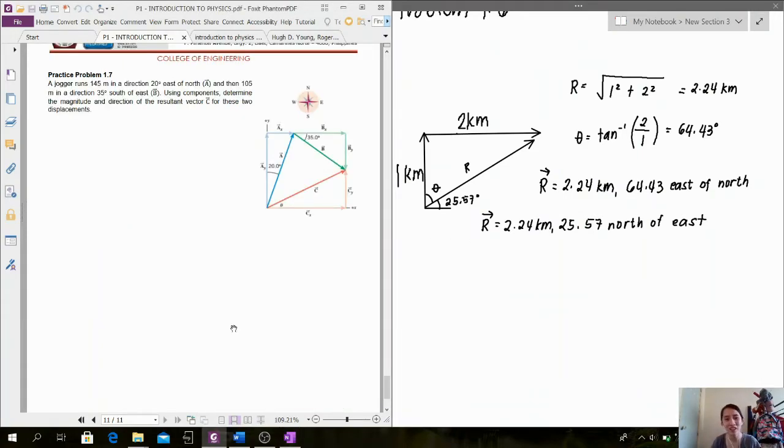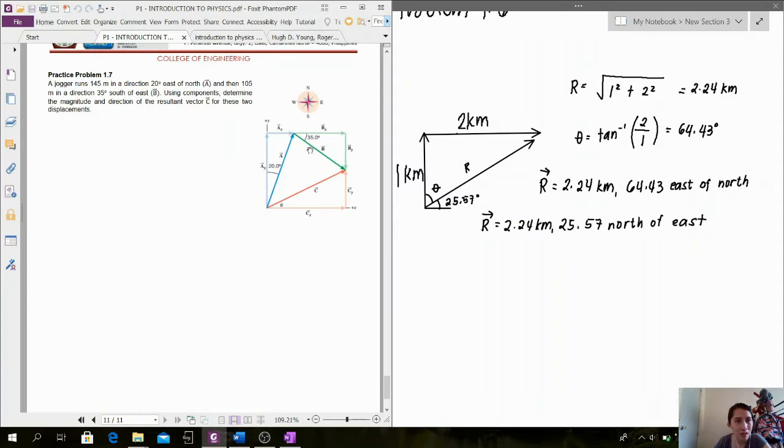Now, let's proceed to the last problem for this learning material. A jogger runs 145 meters in a direction of 20 degrees east of north. So this is the vector A. The magnitude is 145 meters and the angle is 20 degrees east of north. And then for the next vector, 105 meters in a direction of 35 degrees south of east.